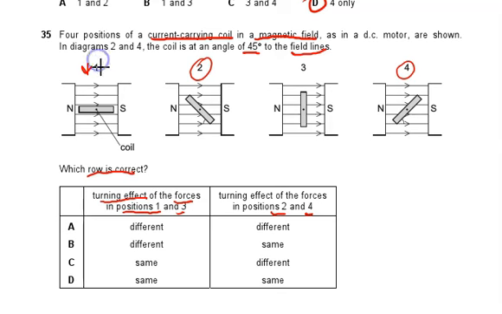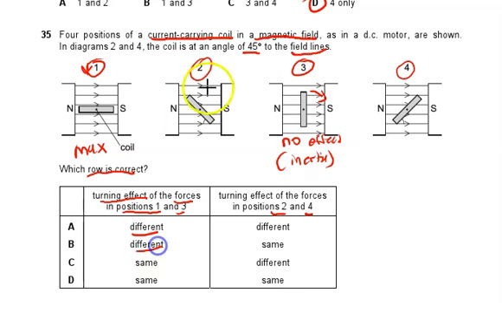For 1 and 3, here you will have the maximum. This one has almost no turning force, there is no effect. It will turn around by inertia. So this one must be different. And for 2 and 4, since the angle is the same, they should have the same turning force. So the answer is over here.